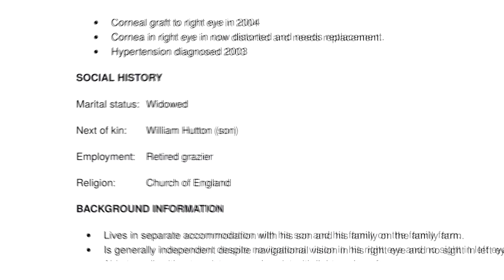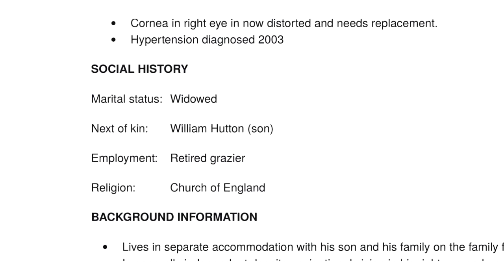Now, read along. Social history: marital status, widowed, next of kin William Hutton, son, employment, retired Gracia, religion, Church of England. For providing overnight nursing care, details like the patient's marital status, employment, and religion can be excluded because these have no particular role in the care needed for a patient from the nurse.